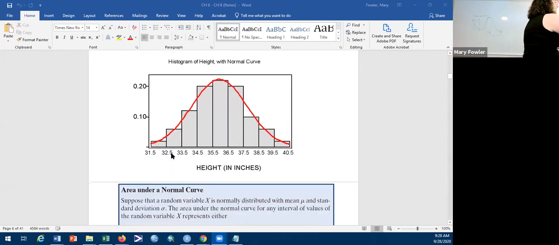Now I can approximate that histogram with a nice smooth normal curve of mean equal to whatever the mean in that underlying distribution is, and the standard deviation same. And we would be able to estimate all of the information in the gray rectangles by just looking at this one red curve.